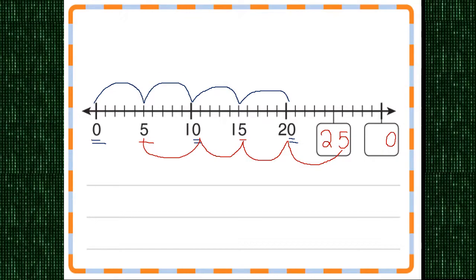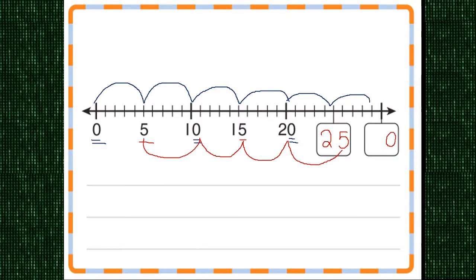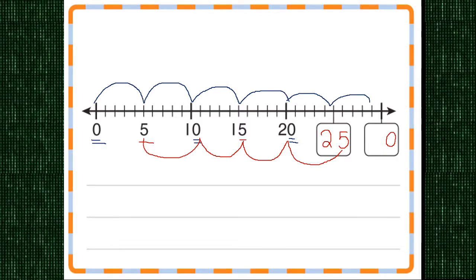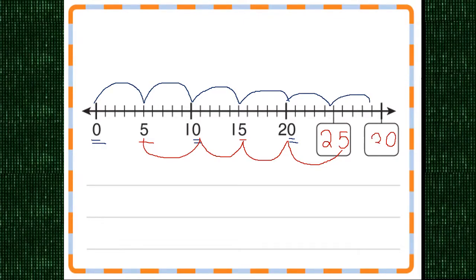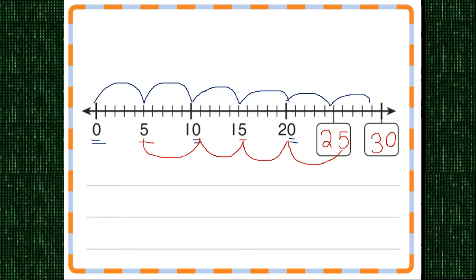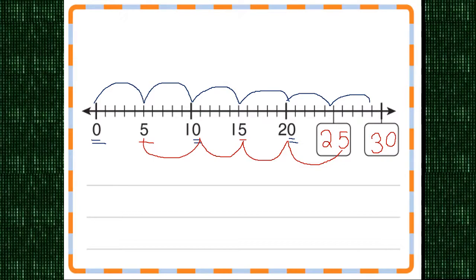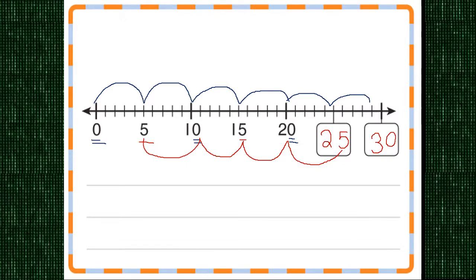And if we follow our pattern, 20, 25, and the next one will be 30. Okay, and again, we're doing this because we want to find a quick way to get to bigger numbers. Skip counting is a super important part of math.